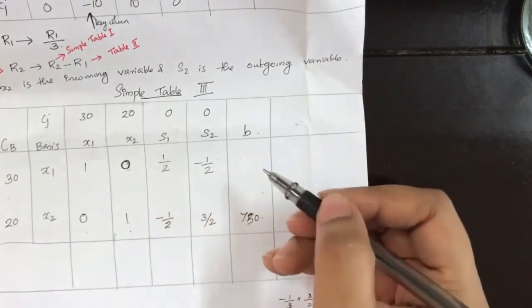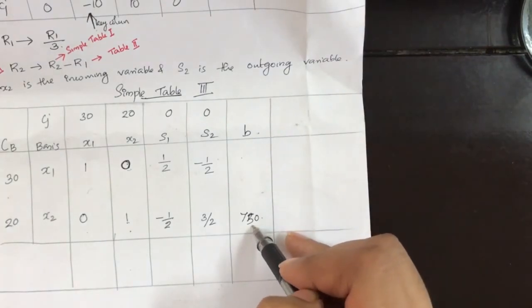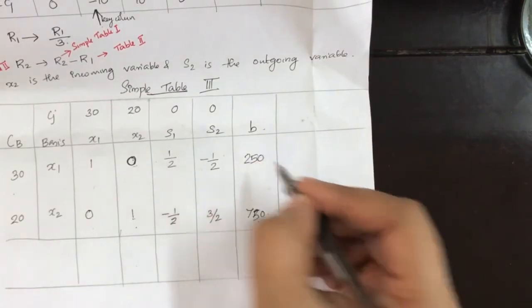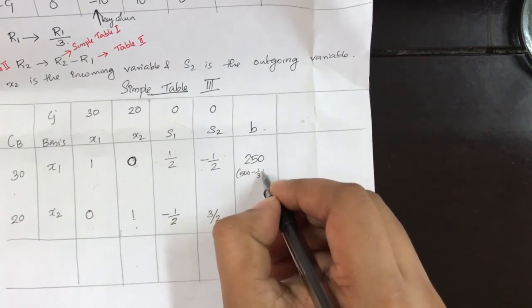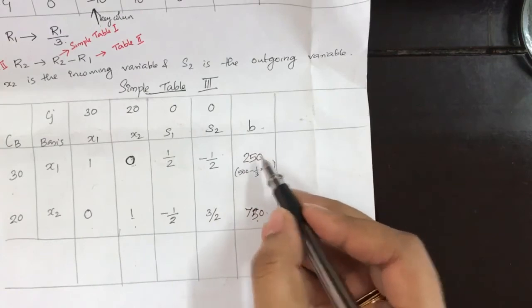In column B, 500 minus 1 by 3 into 750, so 500 minus 250, that is 250.